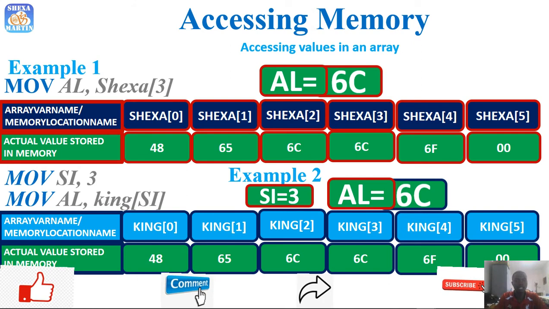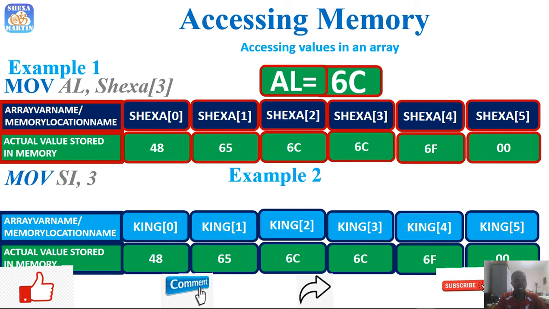So you can see that this instruction and that instruction give the same result. It's just that on this one we are using memory index registers to access our memory. So let's see what happens from scratch.